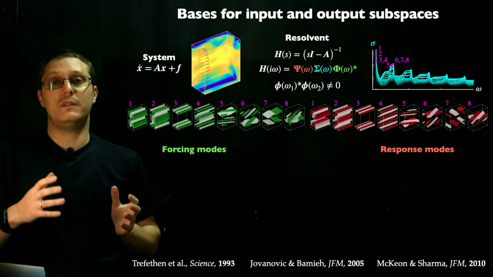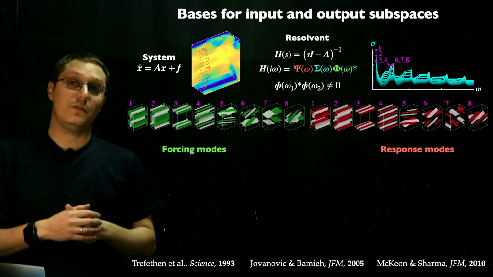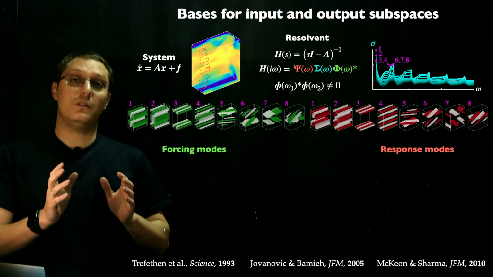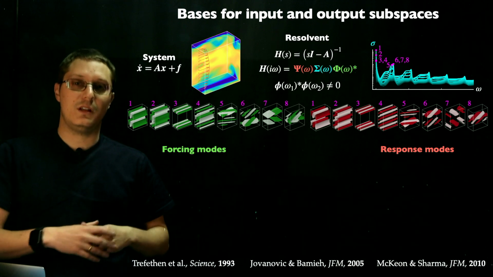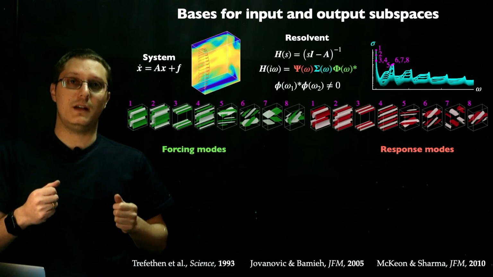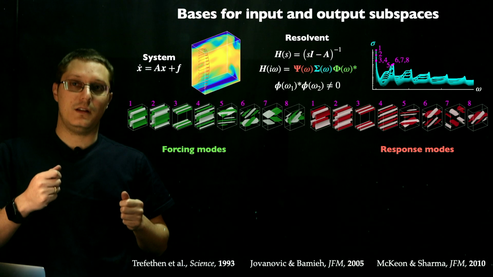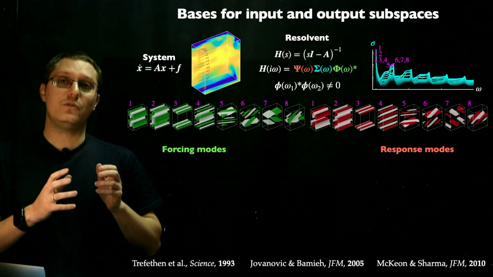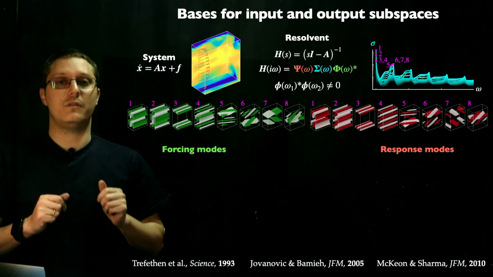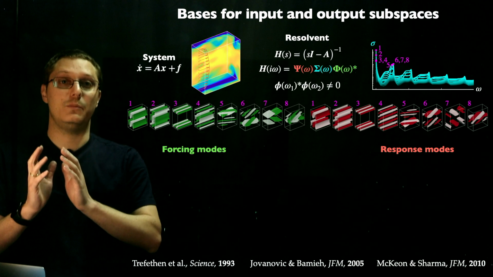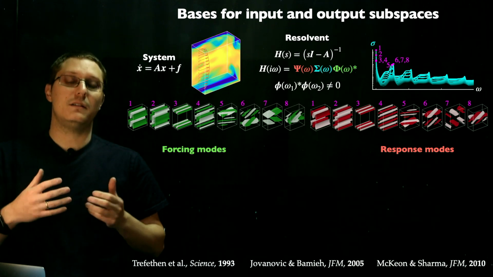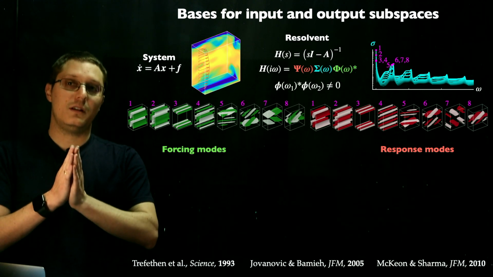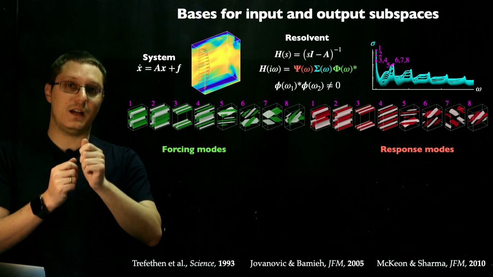And for fluid flows, we have this fantastic tool, which is resolvent analysis, and that gives us sets of input and output modes, or forcing and response modes, that are optimal at producing high input-output gains at specific frequencies. So resolvent modes kind of solve the problem that we want of getting representative inputs and outputs, but these inputs and outputs are tailored to specific frequencies, so they are optimal only when forced harmonically in time at specific frequencies.